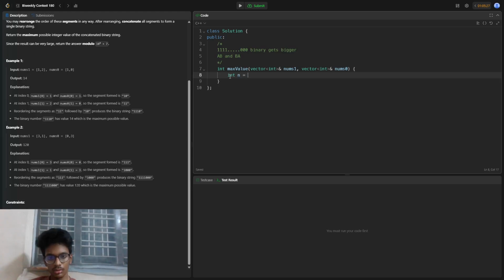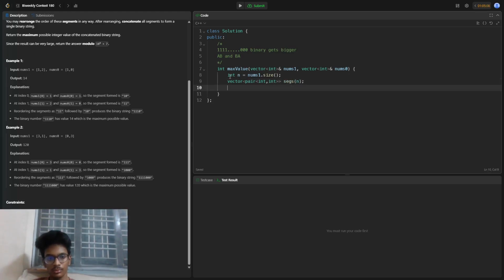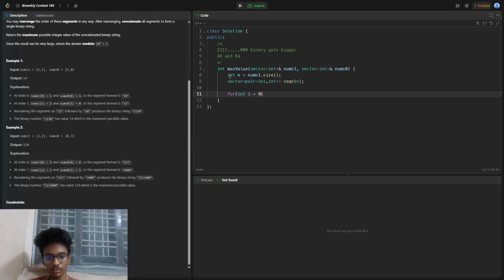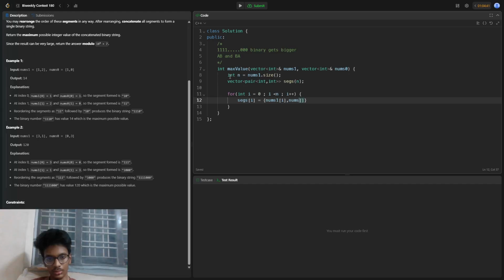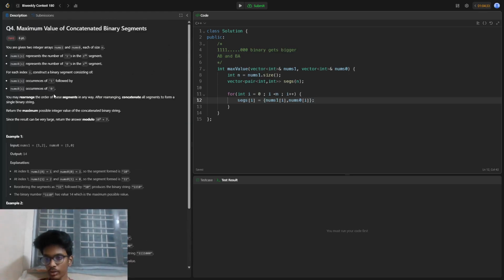Int n equal to nums1 dot size, and let's store it this way: nums1 of I and nums0 of I. So now we have, what was nums1 of I representing?